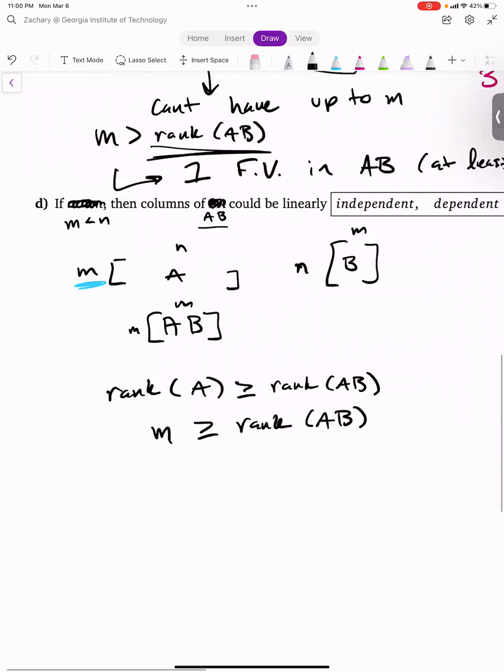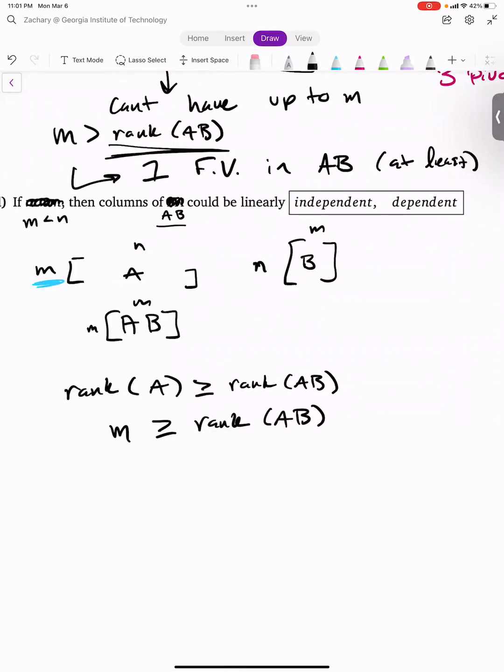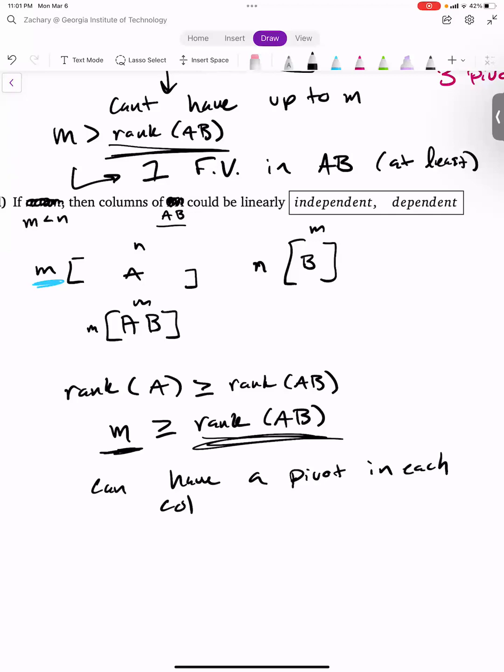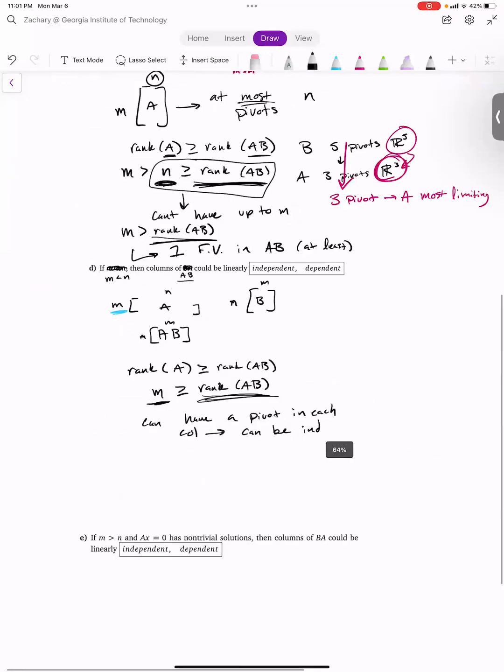And if we see this, our rank of AB can equal M now, which means we can have a pivot in each column, which means the columns can be independent, or they could be dependent.